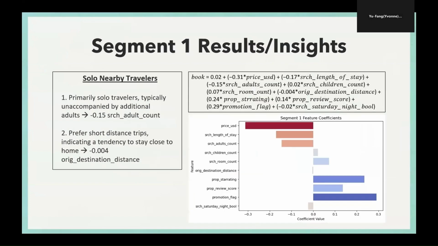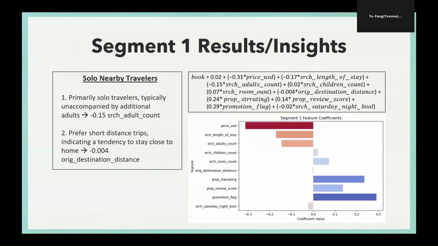Starting with segment 1, this group is primarily made up of solo travelers or very small parties. We can see that adult count is the strongest driver. Lower adult counts, typically 1 or 2 adults, significantly increase the likelihood of booking. They also tend to choose short-distance destinations, as the destination distance coefficient is very small, meaning distance has almost no influence on their decisions.